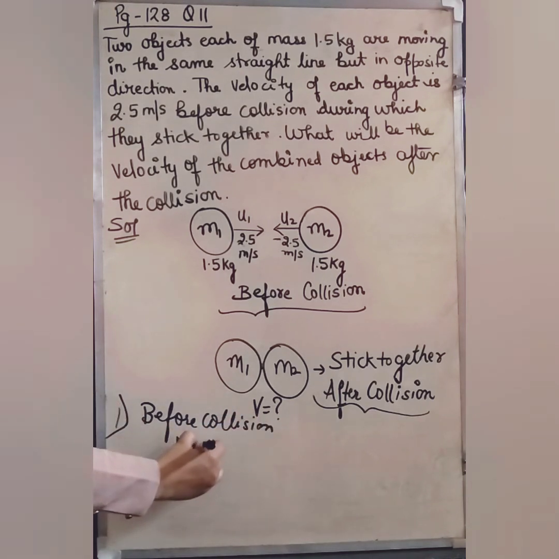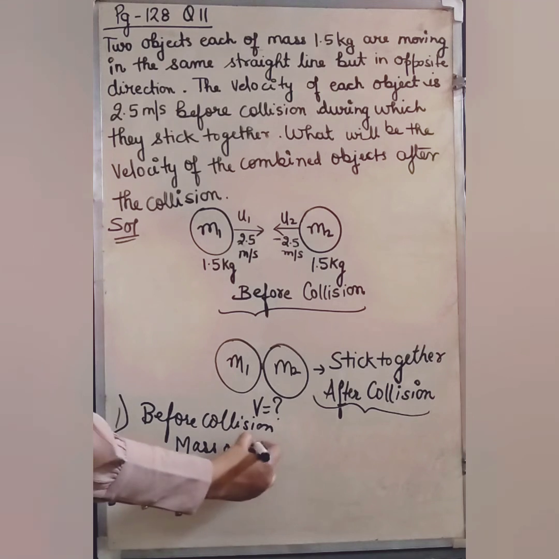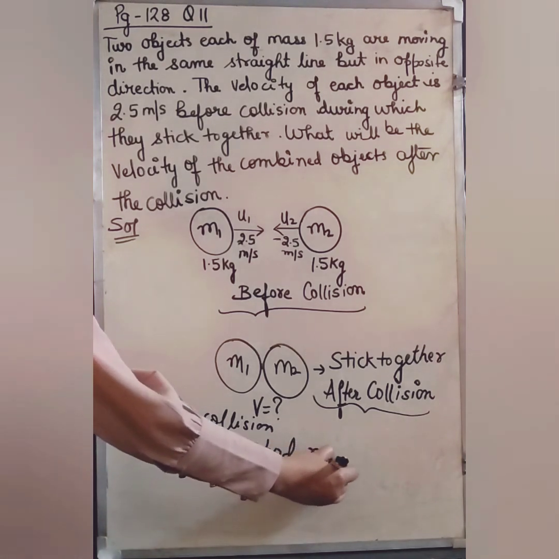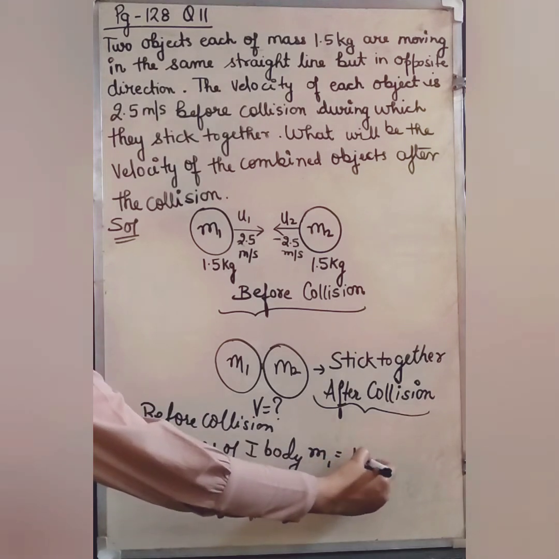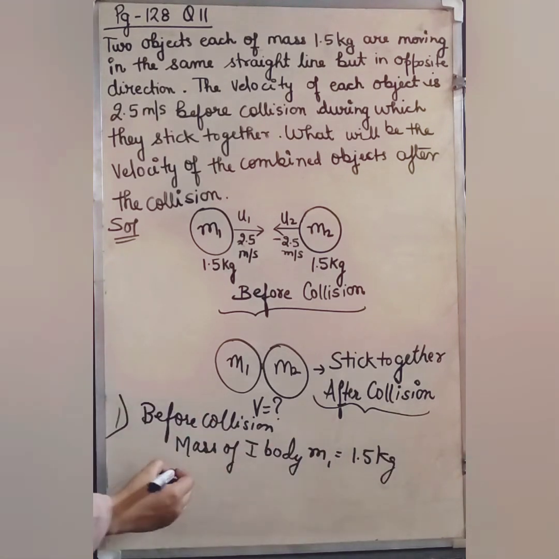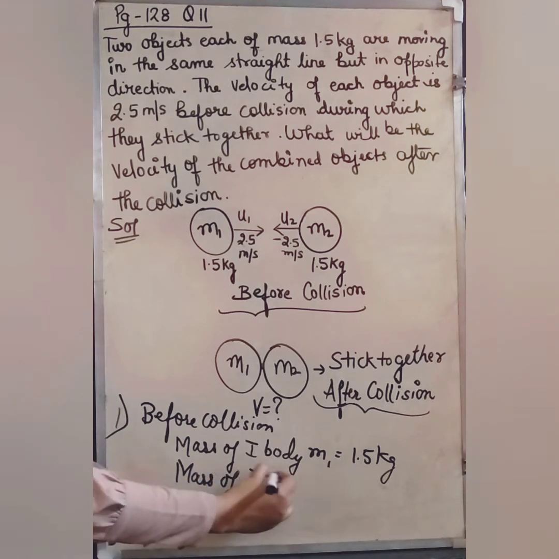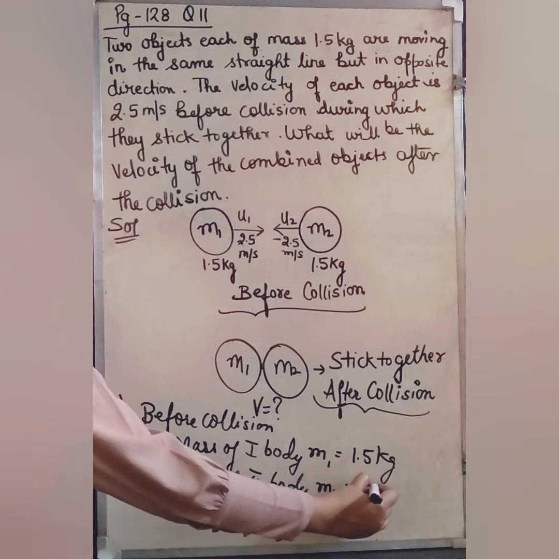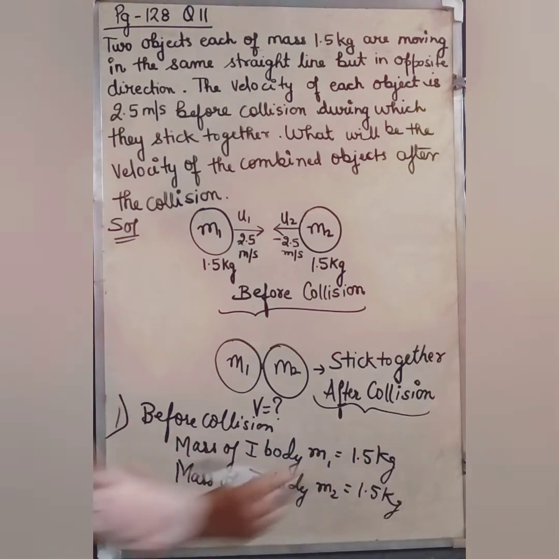Mass of the first body is M1 and that is 1.5 kg. Mass of second body is M2 and that is also the same, which is 1.5 kg.